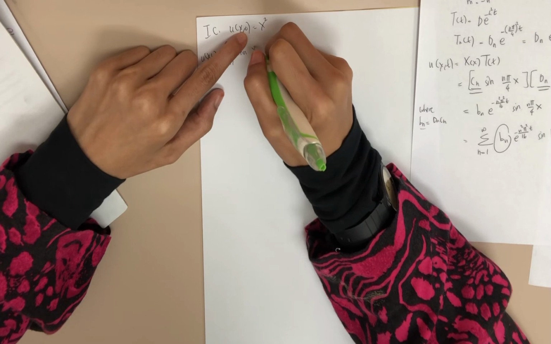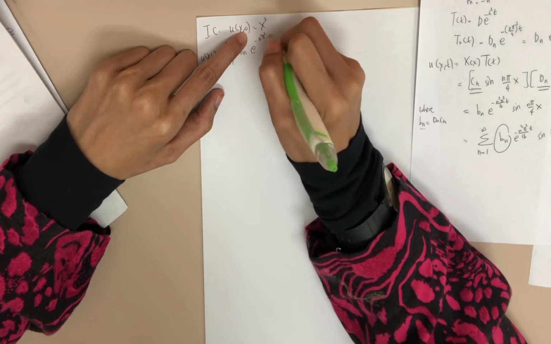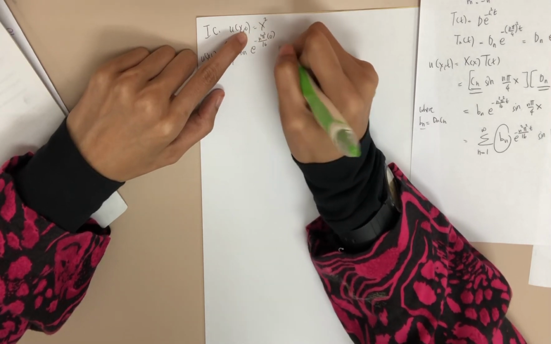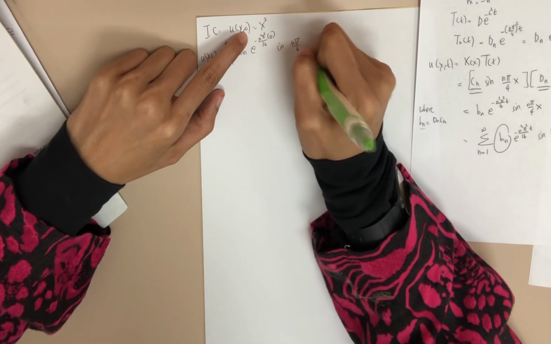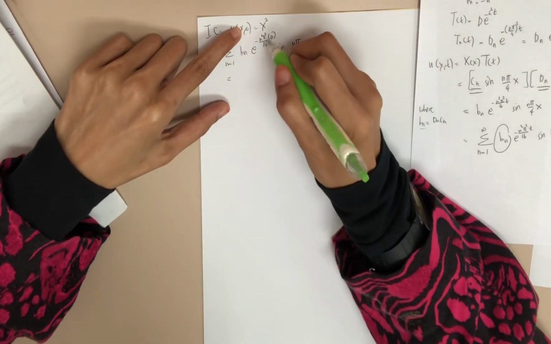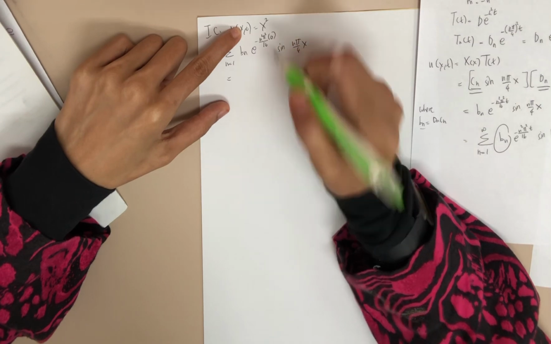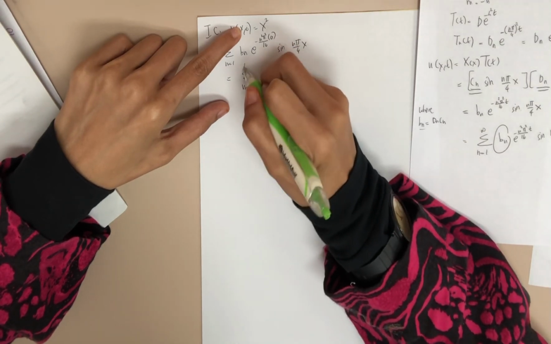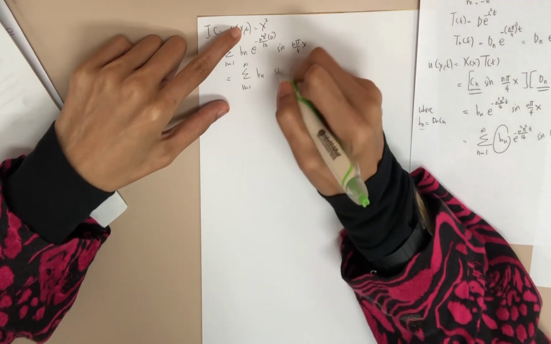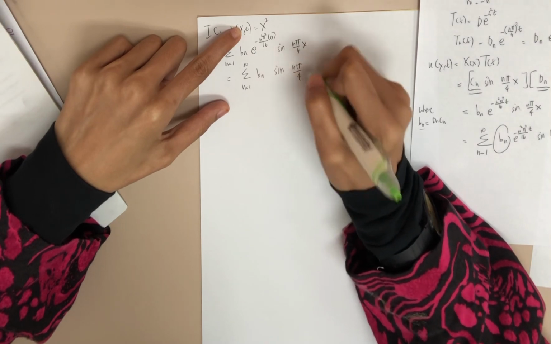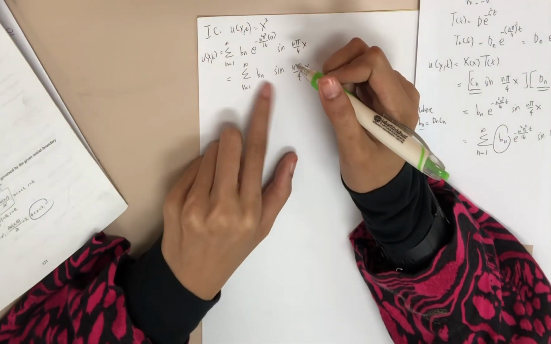So e^(-n²π²t) with t = 0: 0 times everything is 0, and e to the power 0 is equal to 1. Therefore you are left with only b_n sin(nπx/4).